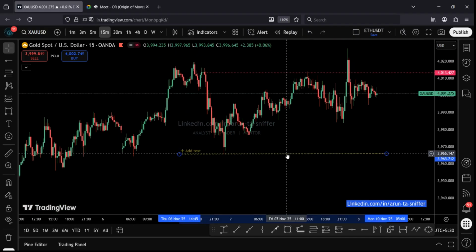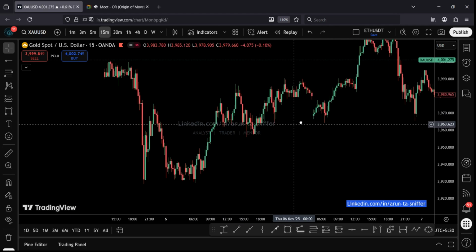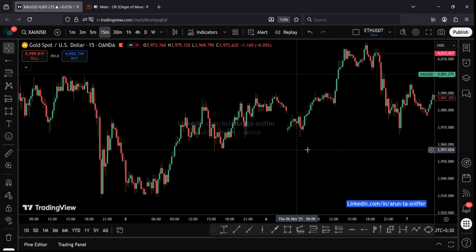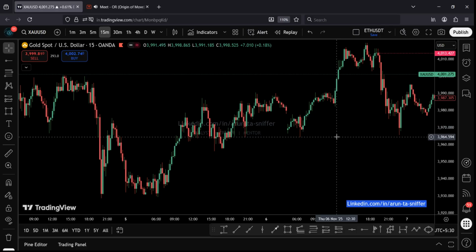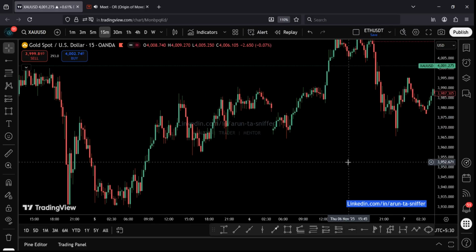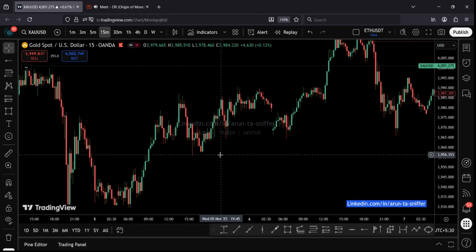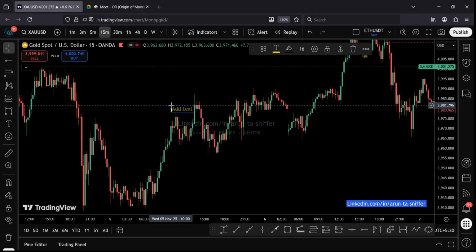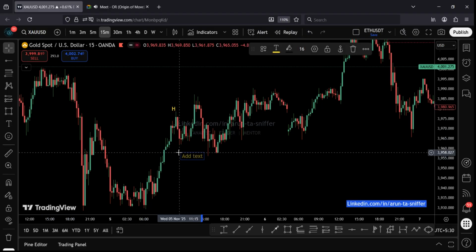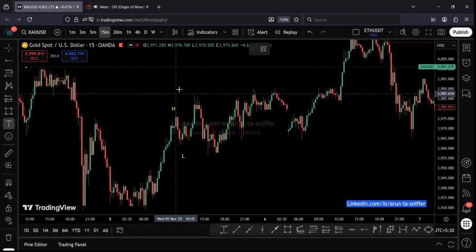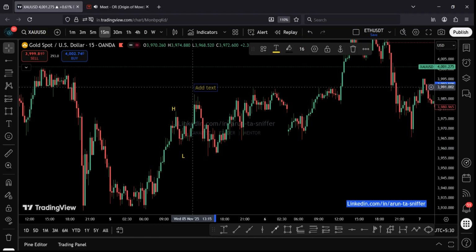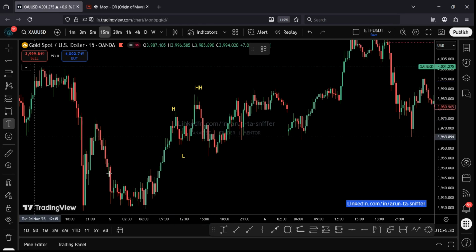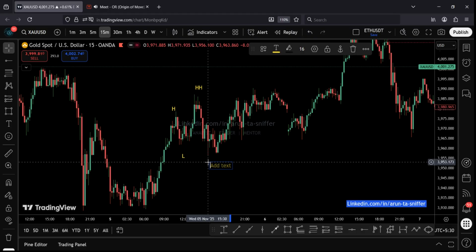So let's find another example here. Okay, like this. Look at here: it makes a high, makes a low, makes a higher high, and makes a lower low.